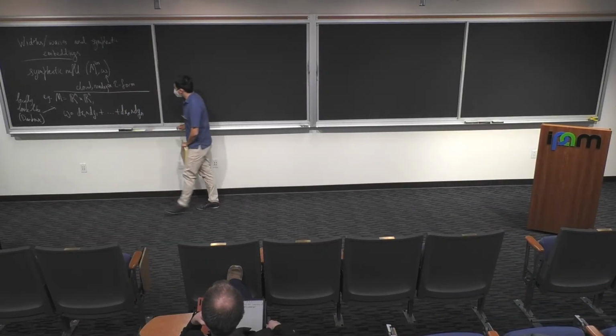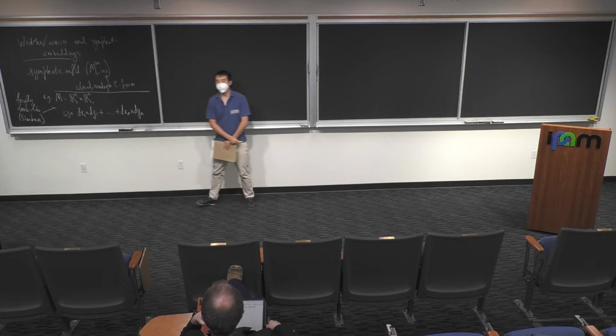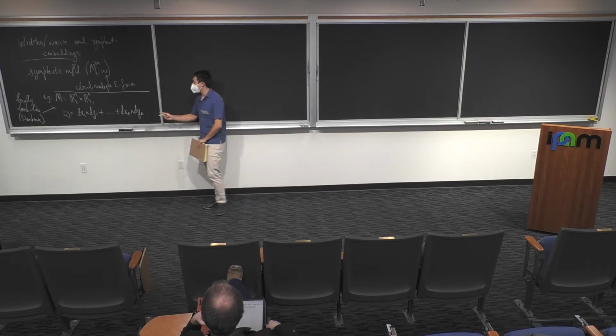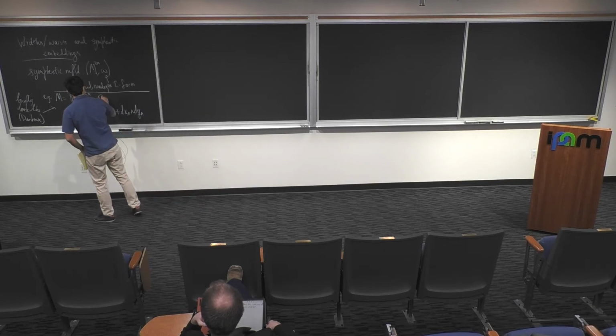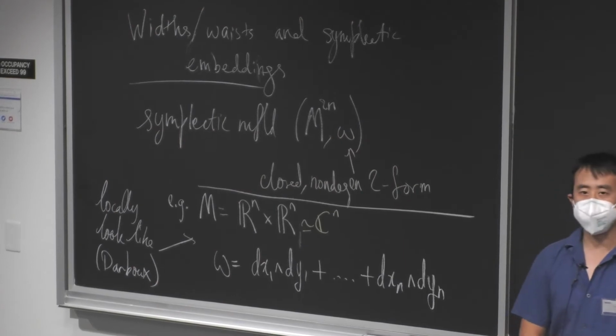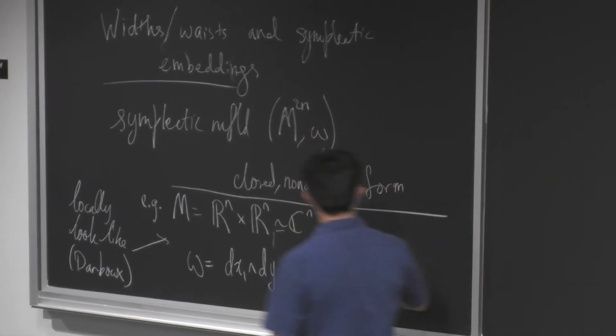And maybe while I'm at it, just because we are on R^2n, there is a little bit of extra structure here, right? So I could also identify this with C^n, and then I get a complex structure.